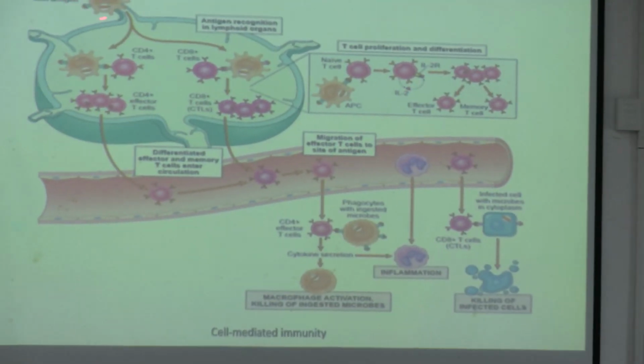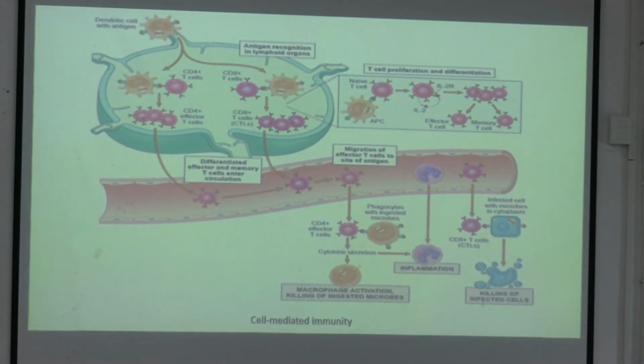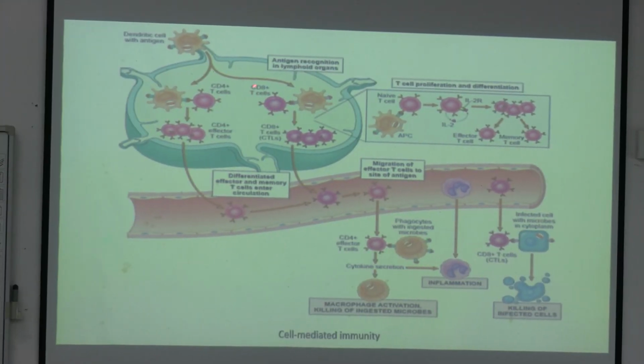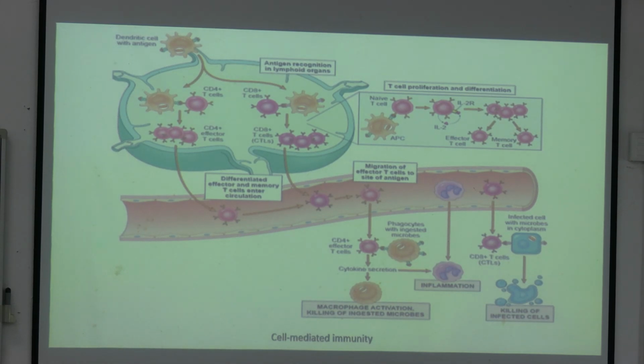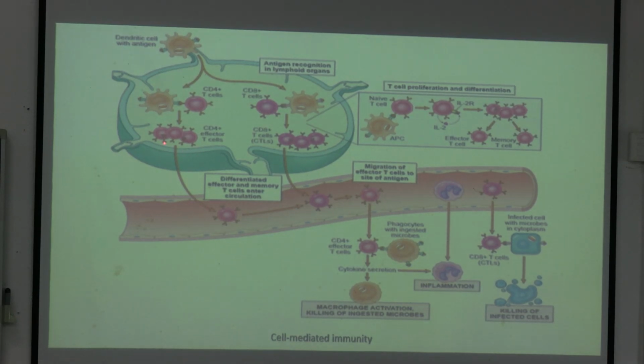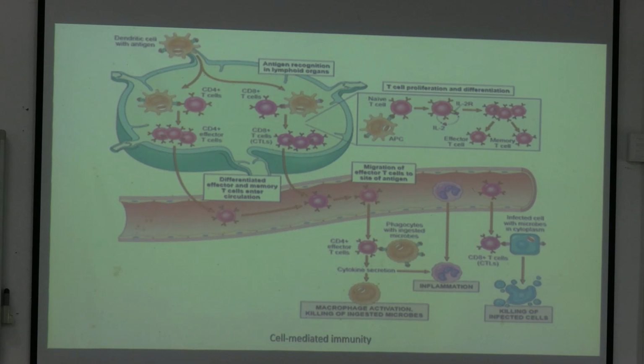So this is the antigen, and this is the antigen-presenting cell, a mature dendritic cell. It enters the lymphoid organs, like a lymph node. Here you can see CD4 plus T cells, and they proliferate, called CD4 plus effector cells. If it is not CD4, then it is a CD8 cell.